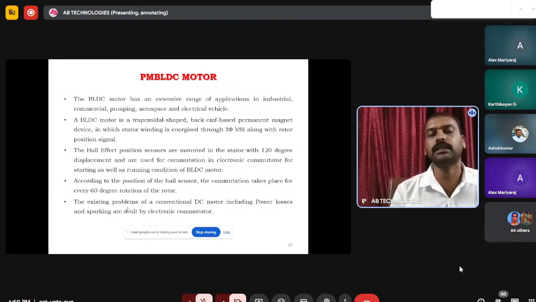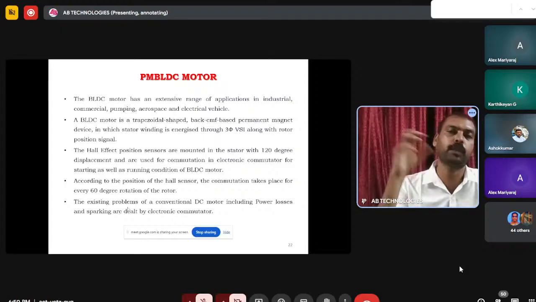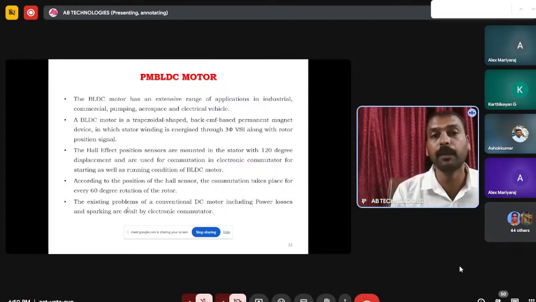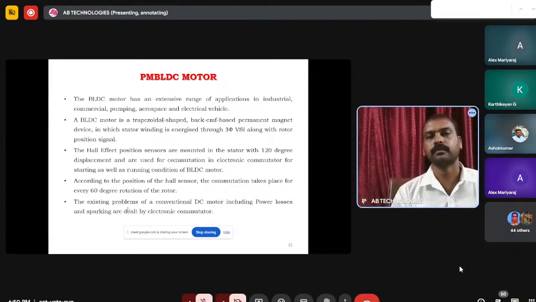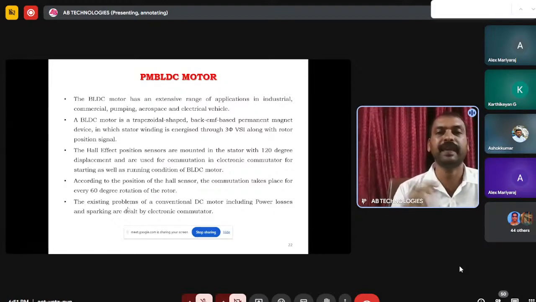But BLDC has a trapezoidal back EMF, with projected pole, fixed type, salient pole construction. It's a 120 degree polar machine, that is called trapezoidal back EMF. If the machine is 120 degree polar, it's called PMBLDC, and if it is 180 degree polar, that is called the PMSM motor. So compared to the PMSM motor, the control of PMBLDC is very easy.